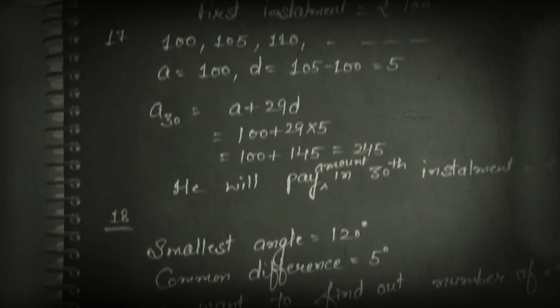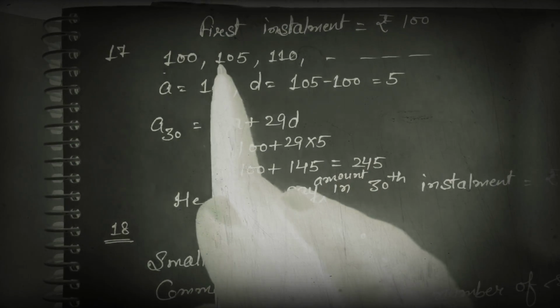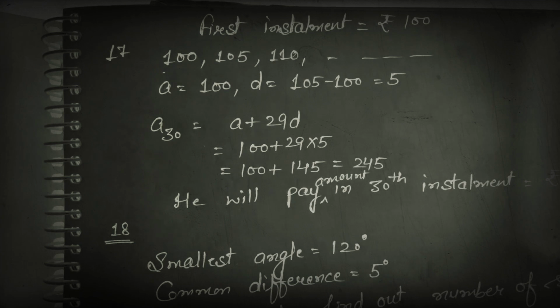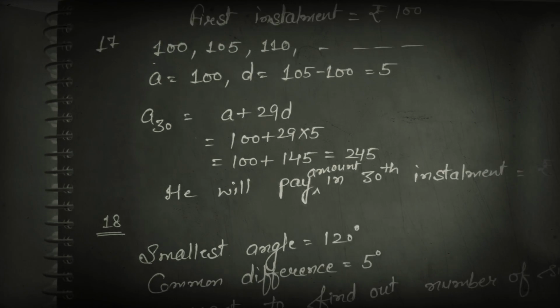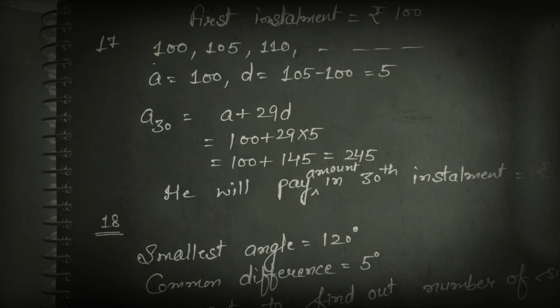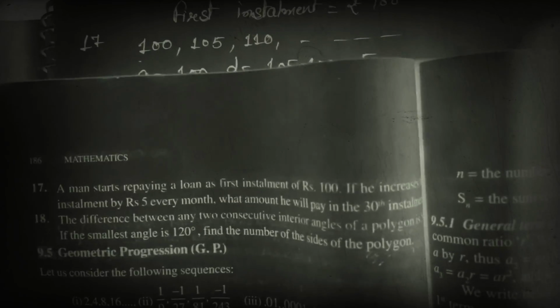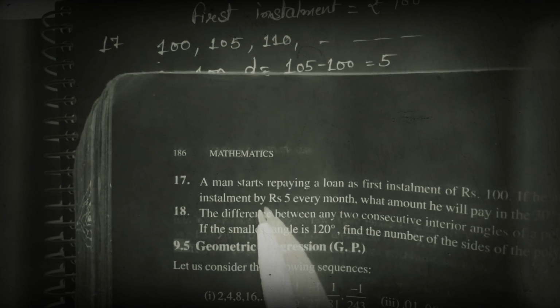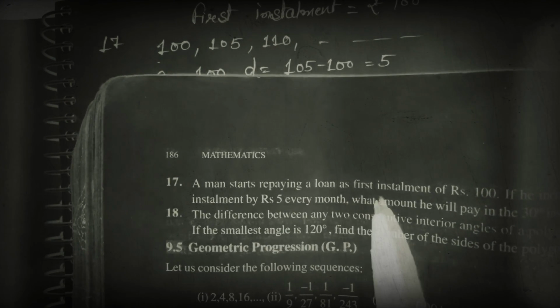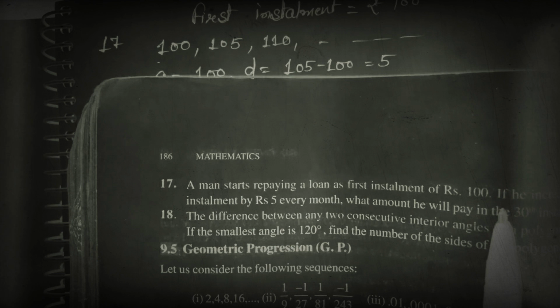Look at the 17th question. Read this question carefully. In the 17th question, a man starts repaying a loan with a first installment of rupees 100.